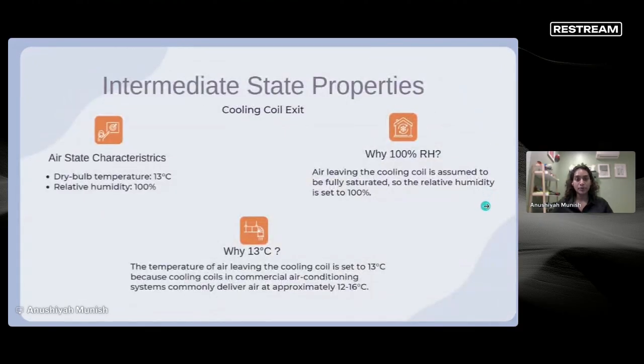Okay, moving on. The intermediate state properties, or the cooling coil exit temperature. I've set it to 13 degrees Celsius and the relative humidity as 100%. Why 100% relative humidity? Because air leaving the cooling coil is assumed to be fully saturated. 13 degrees Celsius is chosen because cooling coils in commercial AC systems commonly deliver air at approximately 12 to 16 degrees Celsius.